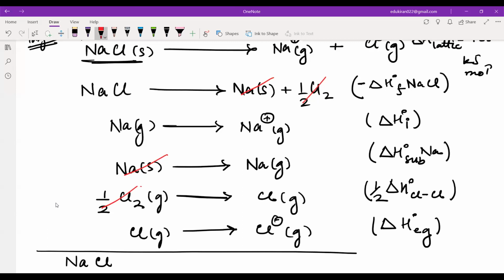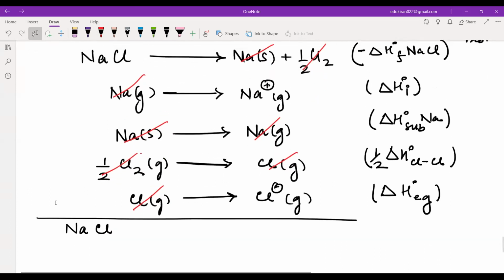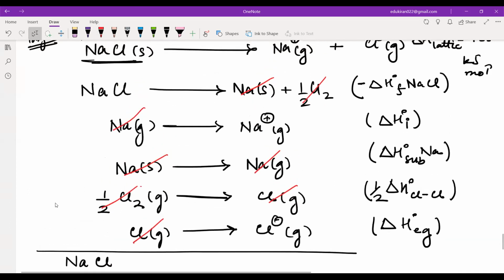Then I have sodium gas. This sodium gas can also be cancelled by this sodium gas. This chlorine gas can be cancelled by this chlorine gas. So the only thing remaining is sodium chloride, which is going to give me sodium positive gas plus chlorine negative gas.